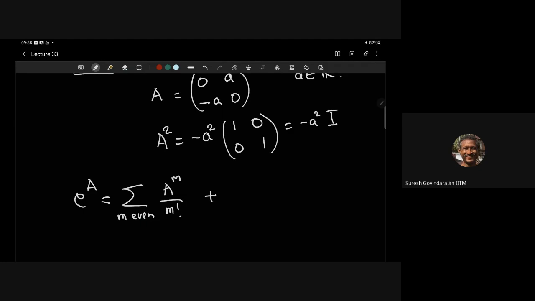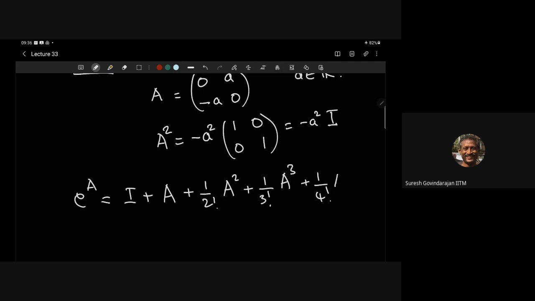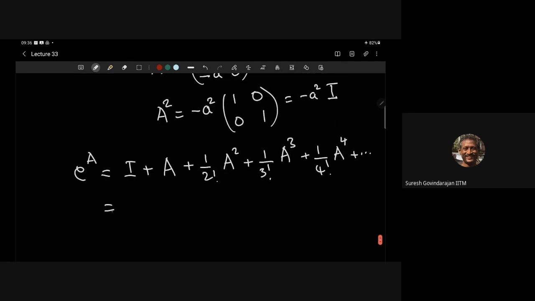Sorry, I'm being really slow. Let's look at some terms. What is A squared? This is minus a squared times identity. What is A to the power 4?